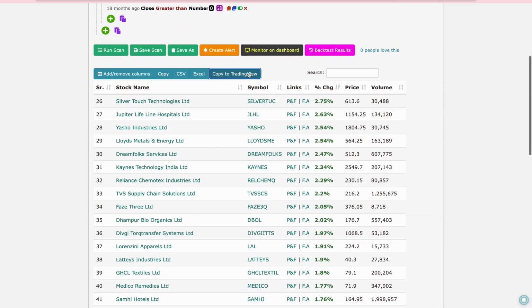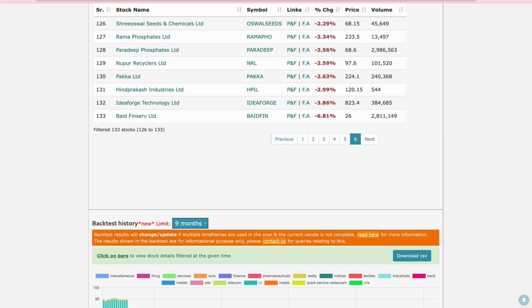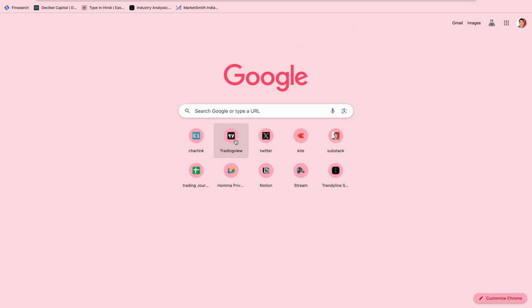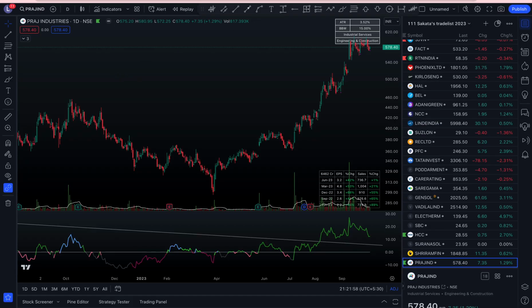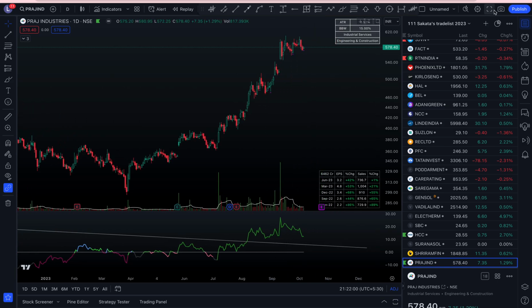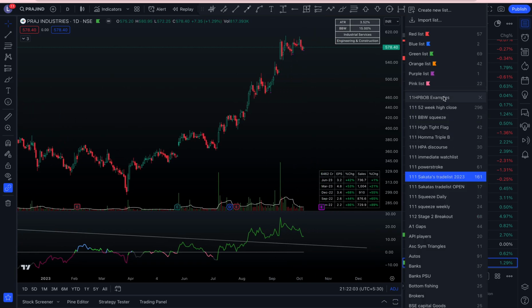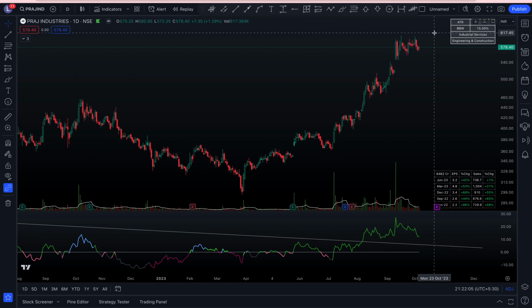Okay, so you copy this, and oh, I don't have any TradingView. Once you have this, you then go and paste it in a watch list.